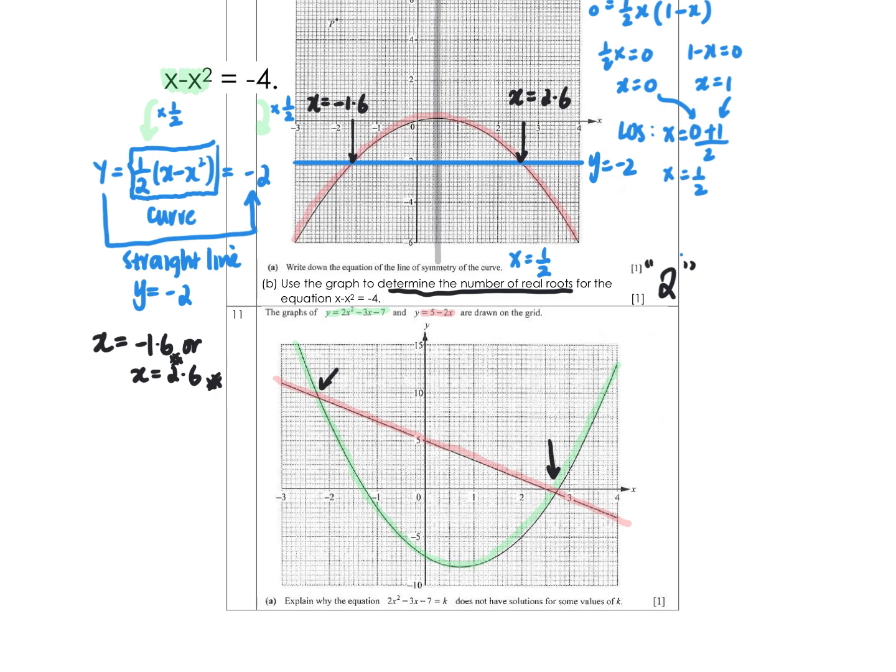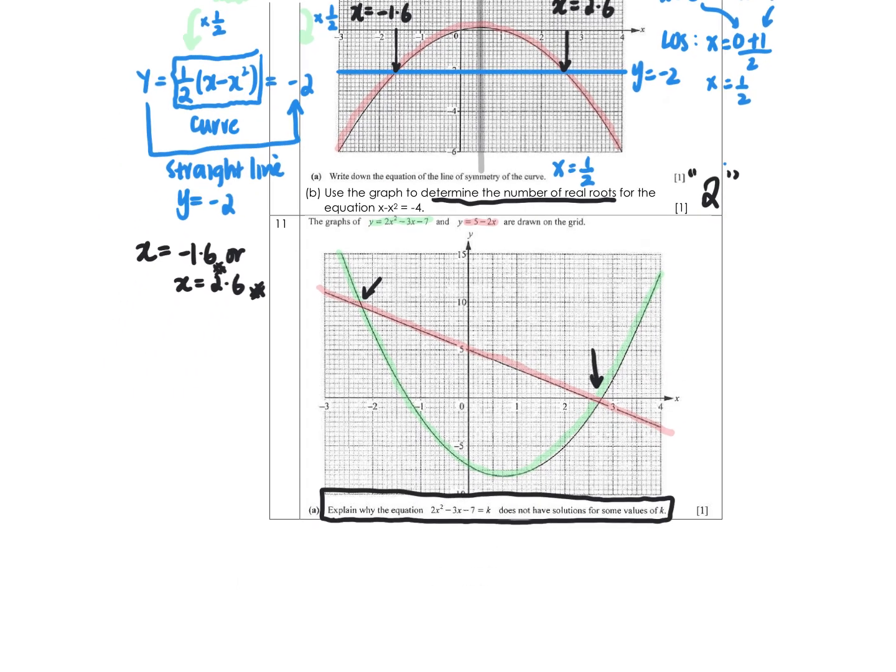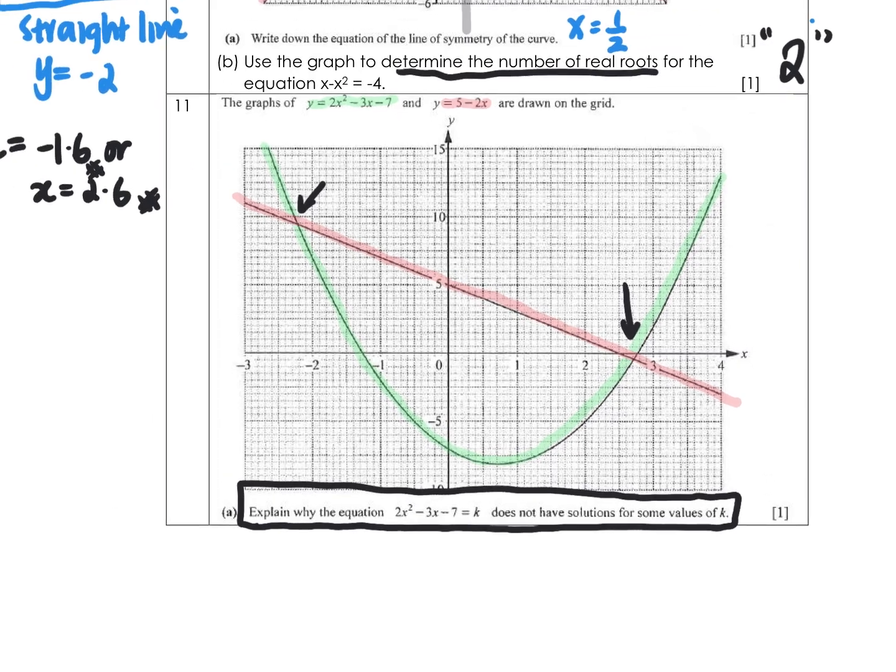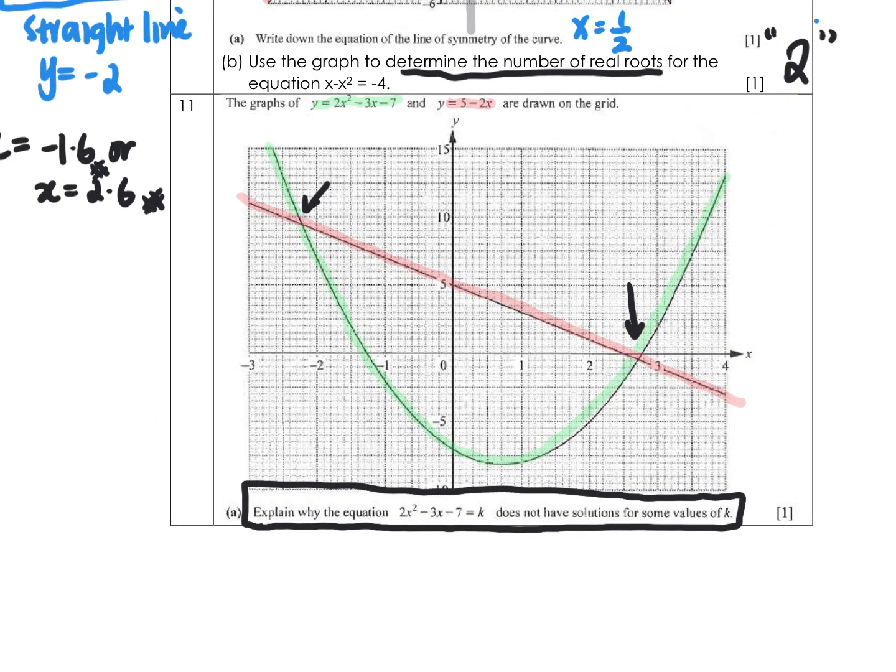But this second part asks you why the curve does not have some solutions at certain values of k. Okay, so this one, pay attention closely. Look at this. Can you see that this is your curve? The same expression that you see here. It is your curve.